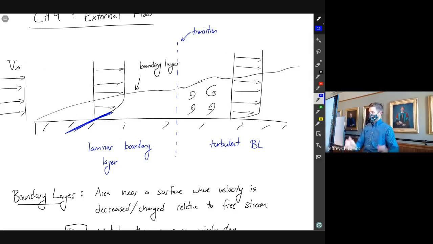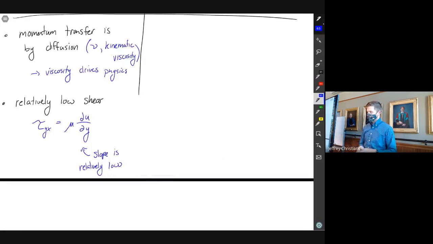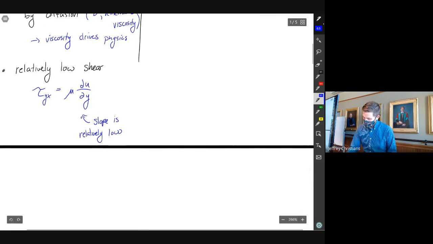When we have a turbulent boundary layer, as we'll see in a second, that slope is much steeper. We go from 0 to fast really quick. In a laminar boundary layer, we go from 0 to fast pretty slowly. It's a gradual change, which means that we have relatively low shear forces in that boundary layer.